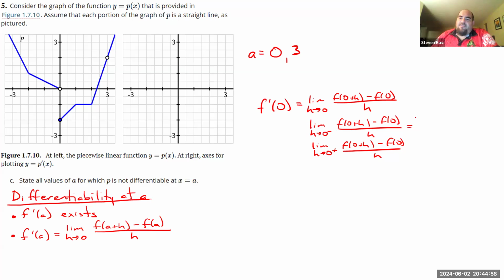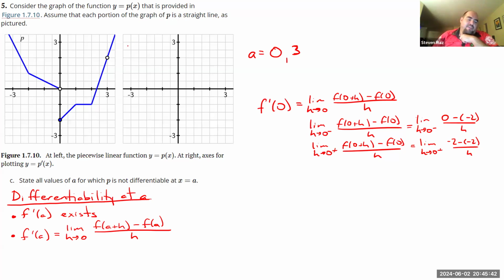So these limits are going to look like the limit as h approaches 0 from the left of 0 minus -2 over h, and the limit as h approaches 0 from the right of -2 minus -2 over h. So one of these exists and the other one will not. So you already have disagreement. This derivative is not going to exist.